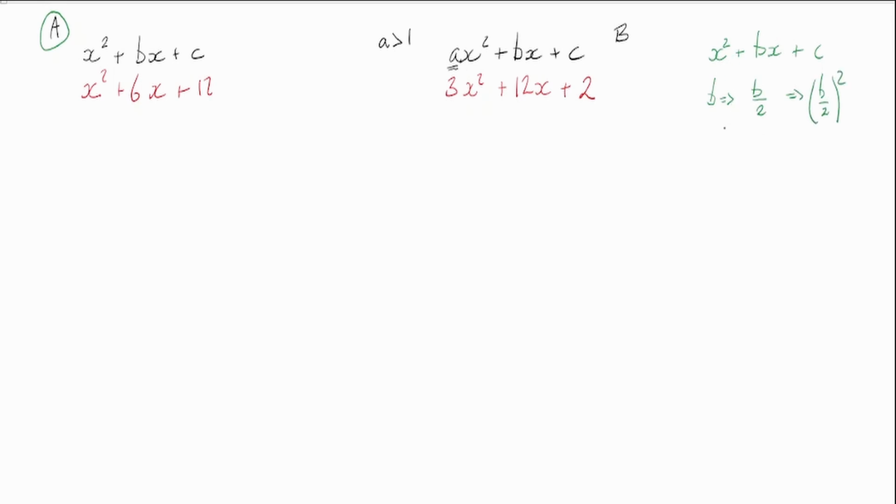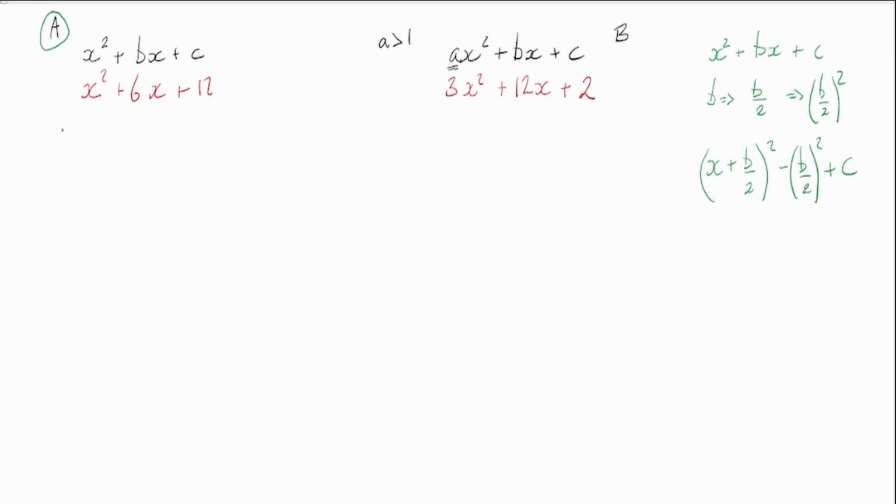Once I've done that, I can write this in the format of x plus b over 2 all squared, minus b over 2 squared, plus c. As I said, this is a revision video, so I'm not going to go into why we have to manipulate with this minus b over 2 squared. We're just going to go through examples to show you what to do.